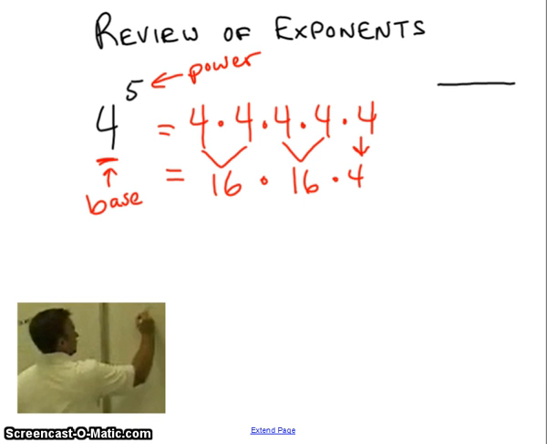So we do 16 times 16 times 4, and you get 1024. For this unit we're not going to do too many big calculations like this. What we're going to be working on is basically just simplifying it, to make it easier to work with. There's going to be a lot of variables and not numbers, but there will be some.